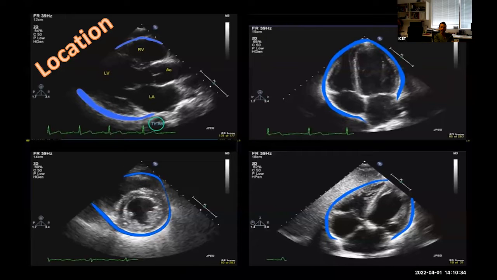So the location: you can usually see a genuine effusion in multiple views. If you see it distributed in all your views, then when you measure the size with the perpendicular measurement, it's going to be more reliable than if you have a very small or a very large effusion.